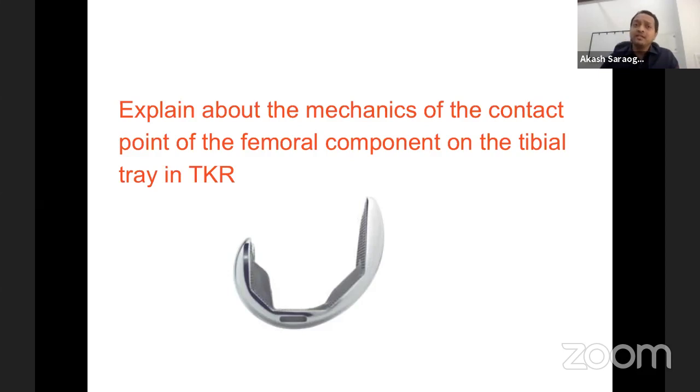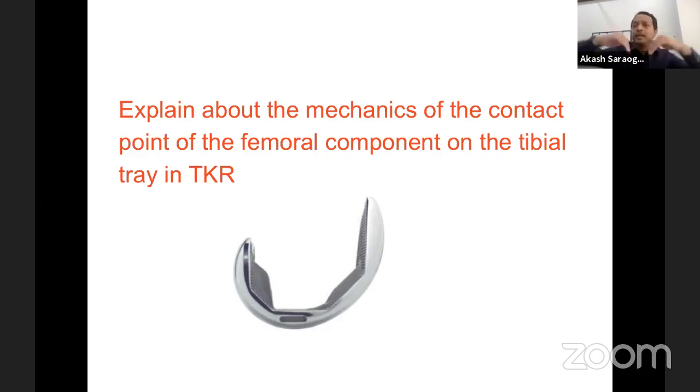Now, those who like CR will say that biologically, our own natural knee is bound to roll as well as slide. So a CR component is definitely more biological, more natural as compared to a PS component. The PS people will say that the plastic of the CR is not as curved as the PS.